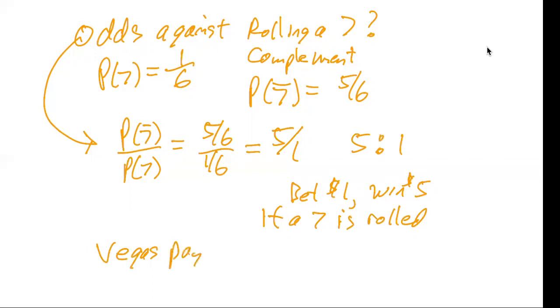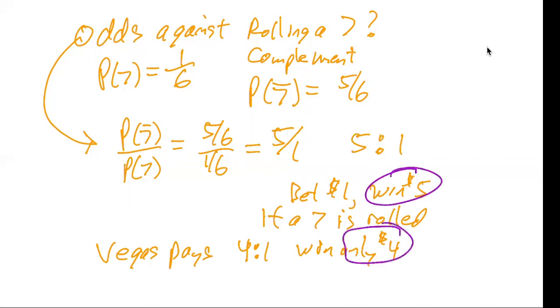Vegas pays 4 to 1, meaning you only win $4. Again, Vegas makes their money. Everything is random. It has to be random. But they don't pay the 5. They pay the 4. They do not pay true odds.